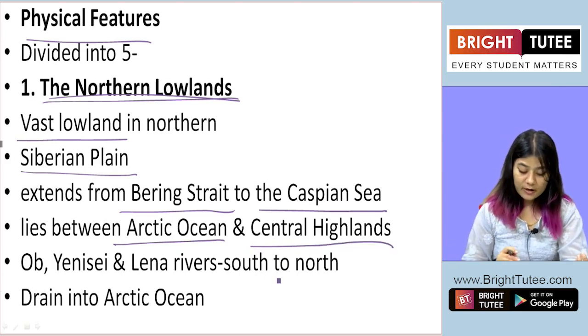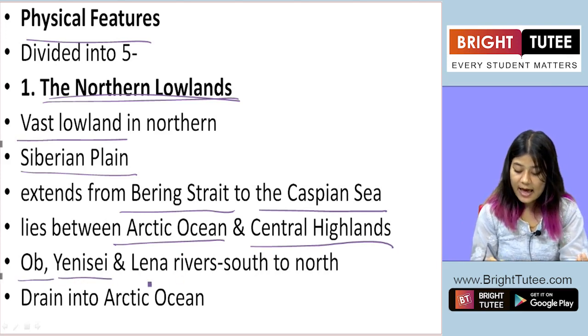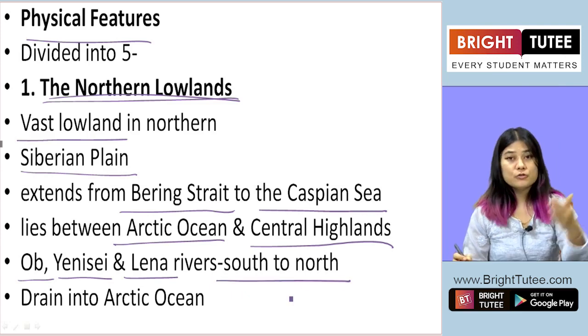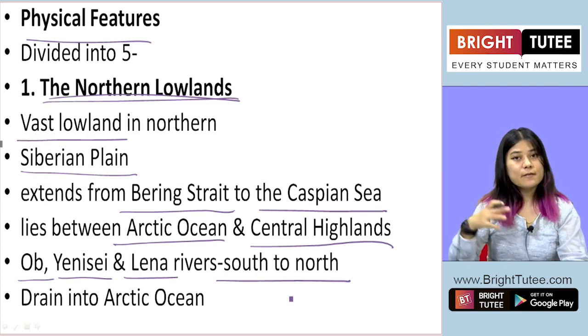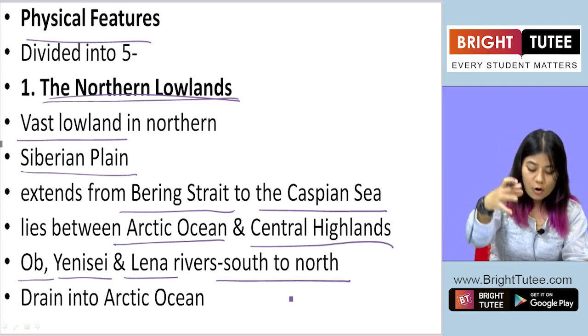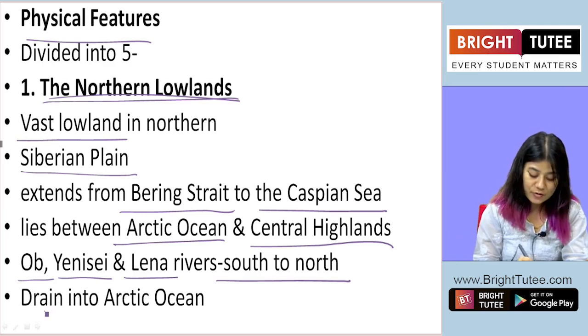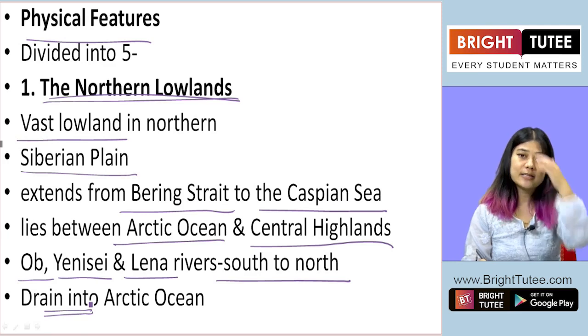Here there are rivers such as the Ob, Yenisei and Lena. They flow from south to north, towards the Arctic Ocean, and finally they drain into the Arctic Ocean.